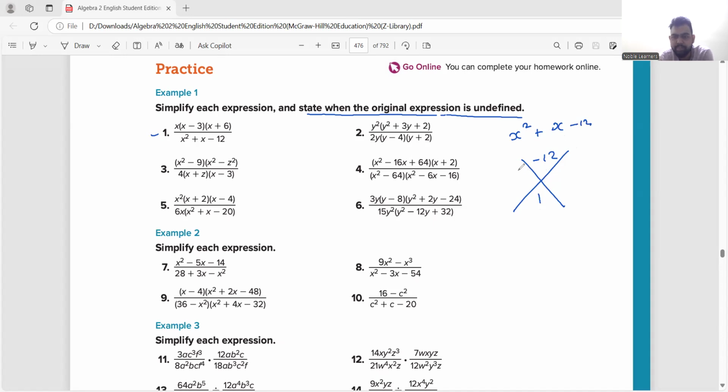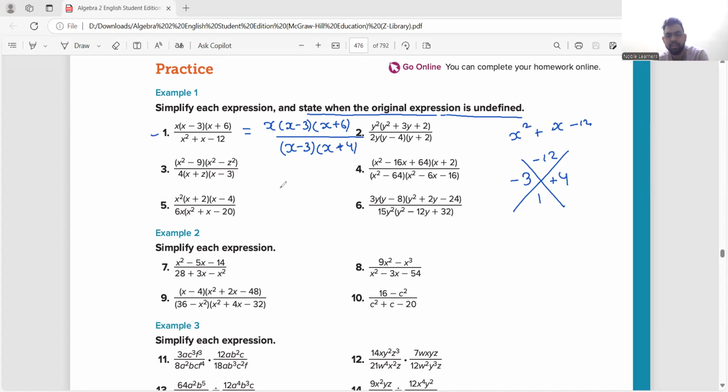Minus 3 and 4. Minus 3, plus 4. Correct. Can we use the trick to write the answer? Yeah, correct. So x times x minus 3, x plus 6, and then we have x minus 3, x plus 4. Okay.